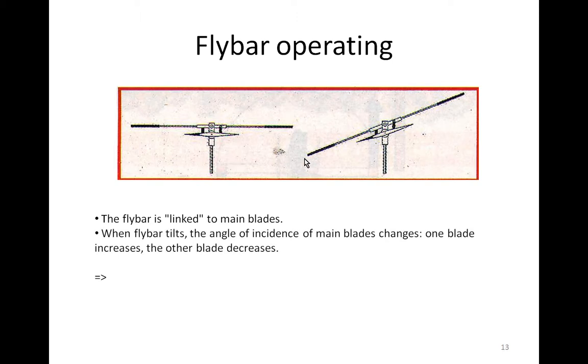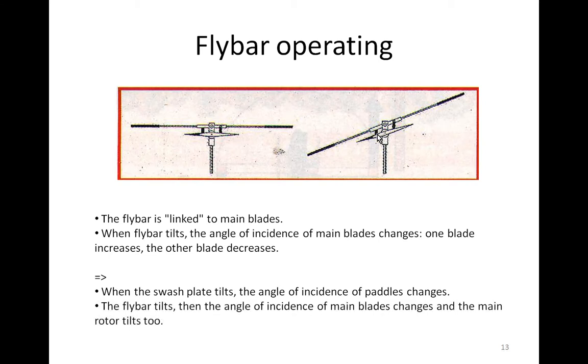When tilting the flybar, the main blade pitch changes. When the swash plate tilts, the paddle of the flybar tilts, then the flybar tilts and modifies the main blade pitch, which makes the main rotor tilt in its turn.